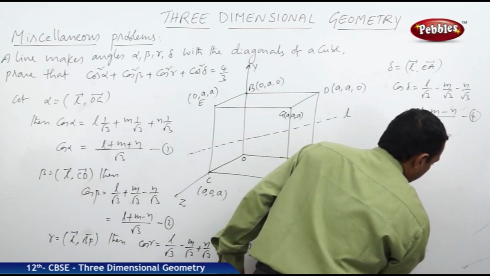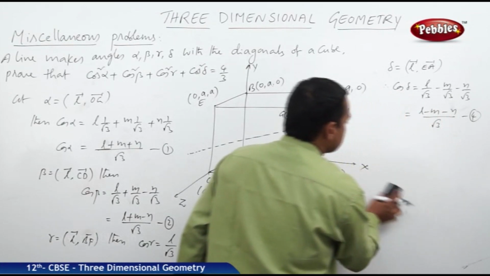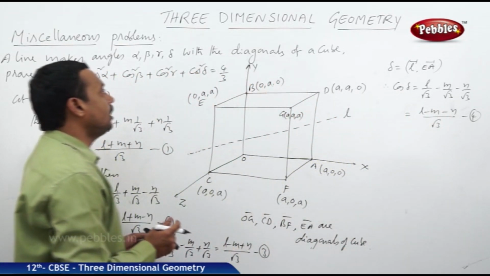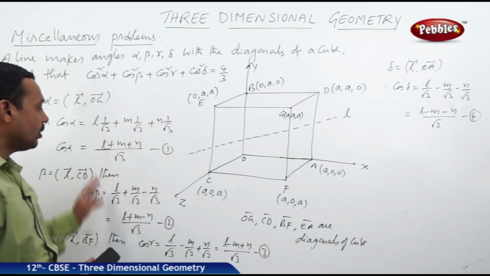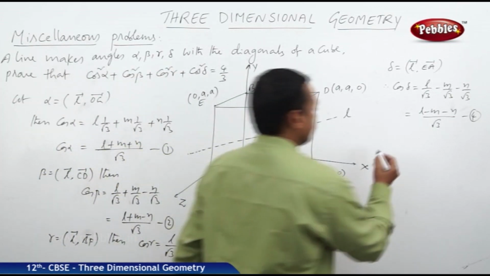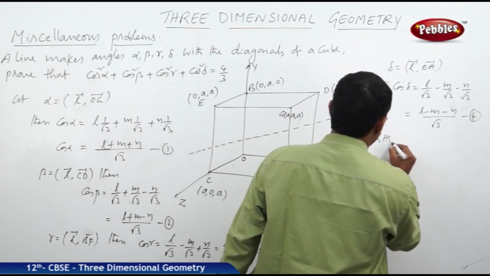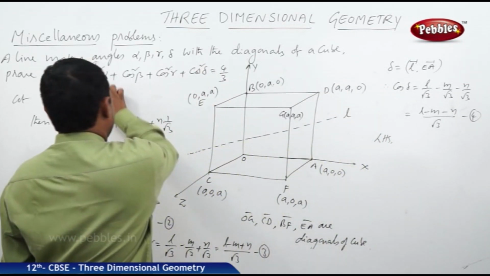Now, after finding cos alpha, cos beta, cos gamma, cos delta, now squaring and adding all these quantities, consider the LHS.